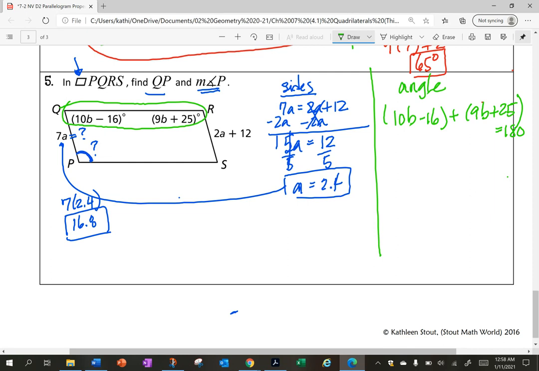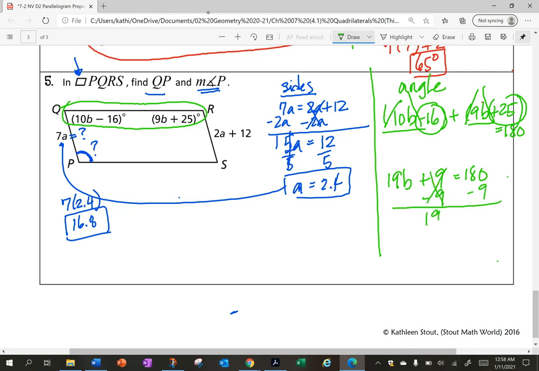I want to combine like terms. So 10b plus 9b is 19b. And negative 16 plus 25 is positive 9 equals 180. I'm going to subtract 9 from both sides. I get 19b equals 171. I'm going to divide both sides by 19.